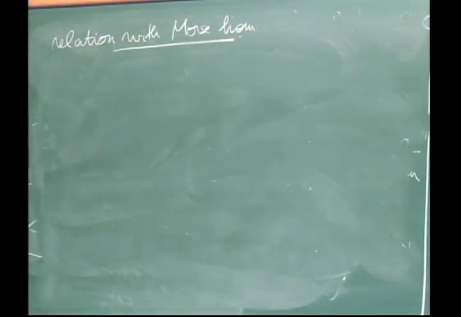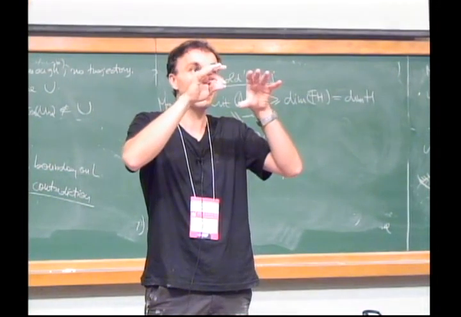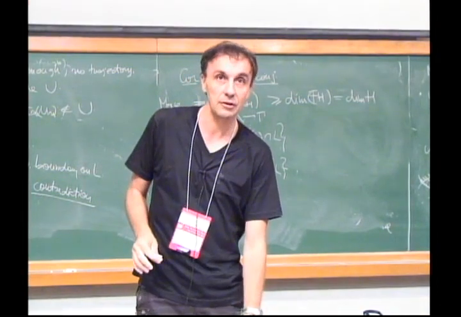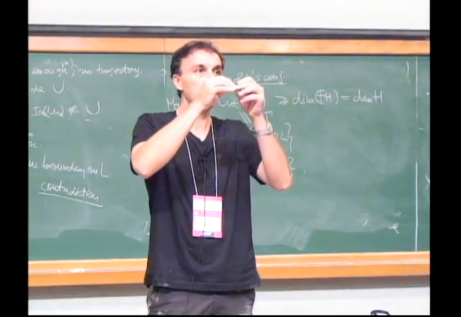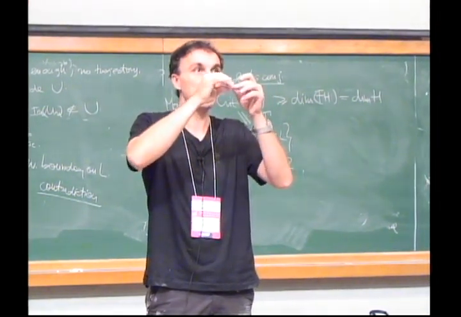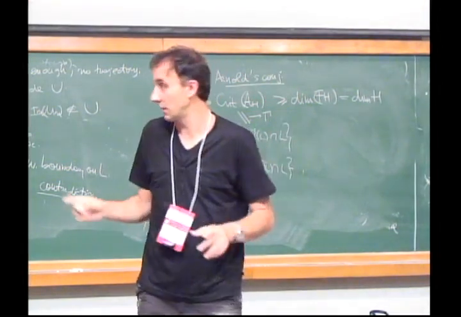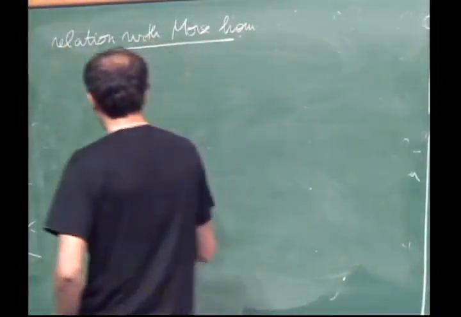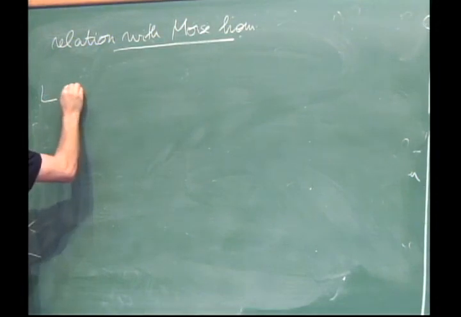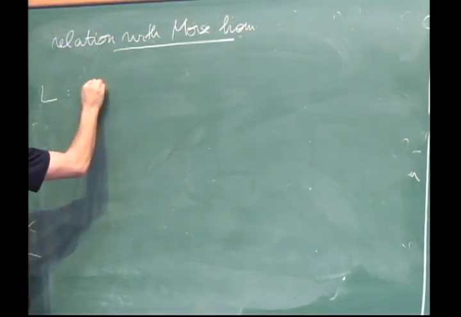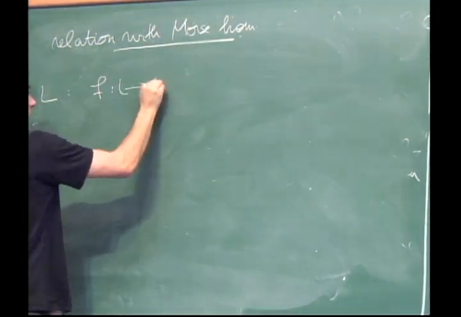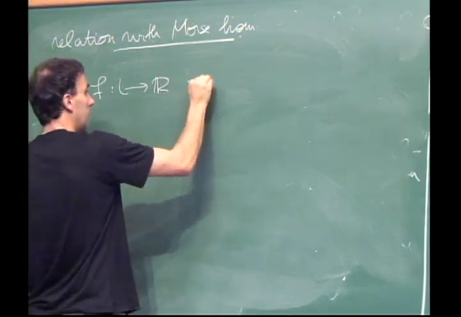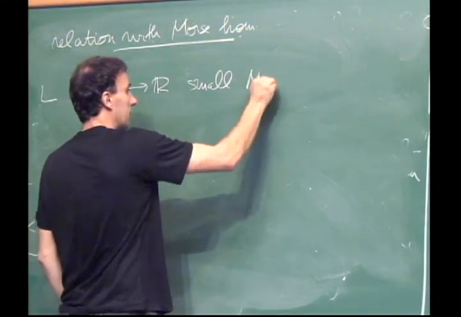The local aspect, in which we can arrange ourselves to have only trajectories which are, let me consider this situation: L and then F, a small Morse function.